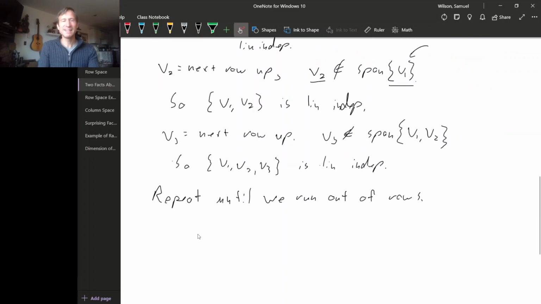And when we've done that, our linearly independent collection is all the non-zero rows. And we know that this is linearly independent. All right, so that proves that in any reduced row echelon form matrix, the collection of non-zero rows is linearly independent, and that means that the collection of non-zero rows is a basis for the row space of the matrix.